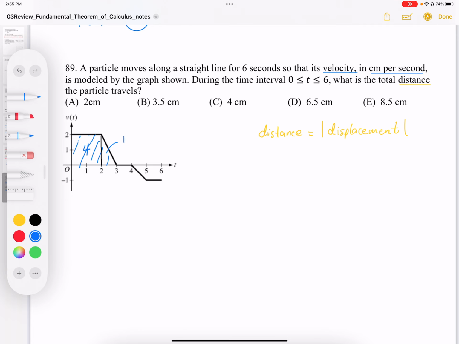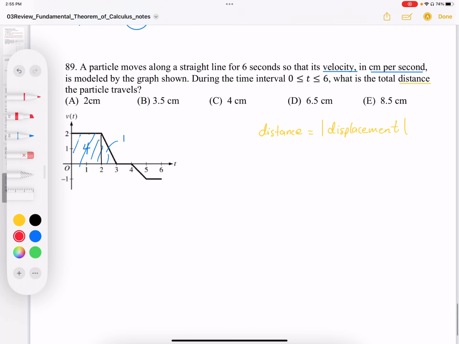And then we also have areas below. In this case, this area is going to be 0.5 but negative, and this area in here is going to be negative 1, so that's going to be negative 1.5. Now, the displacement would be 4 plus 1 minus 0.5 minus 1. However, we're talking about distance.